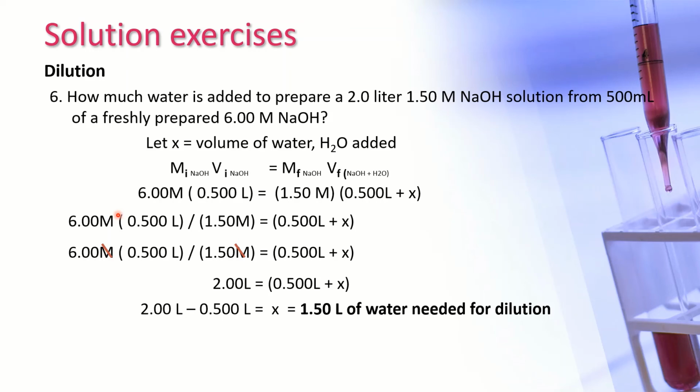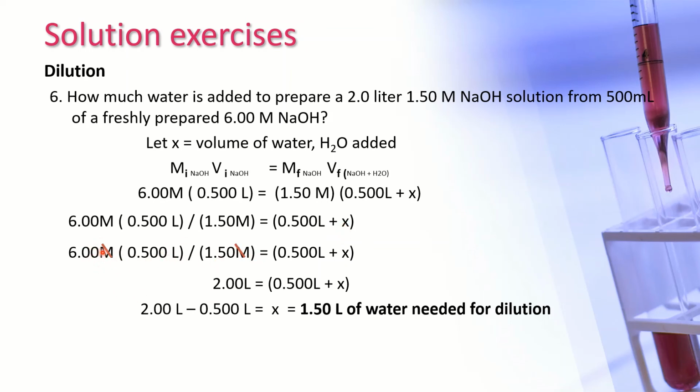Substitute the values, so this is equal to 6 M times 0.5 liters is equal to 1.5 M times 0.5 liters plus X. So 6 M times 0.5 liters over 1.5 M is equal to 0.5 liters plus X. Cancel molarity, you're left with liters.